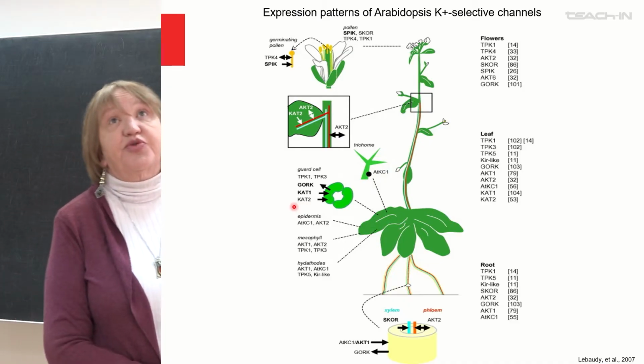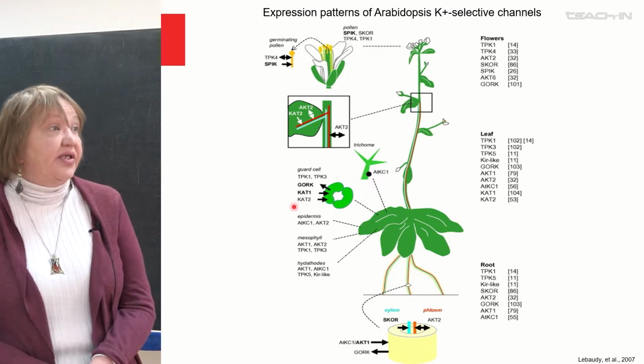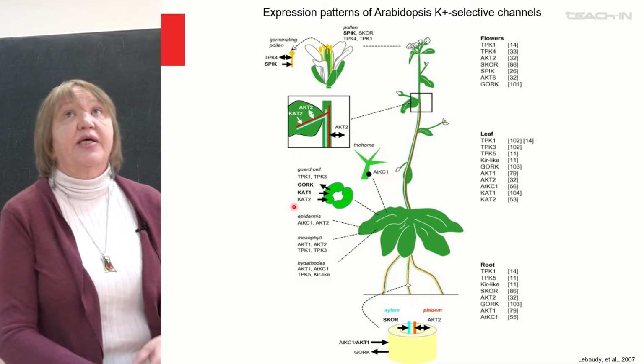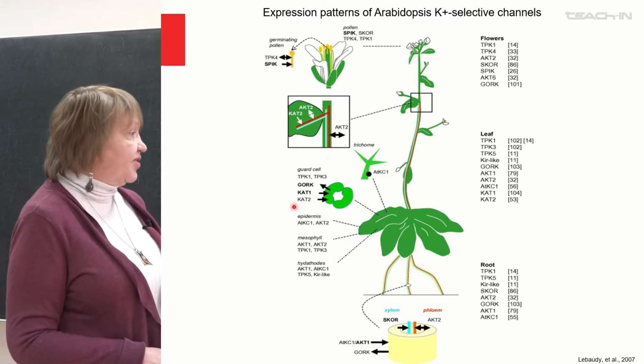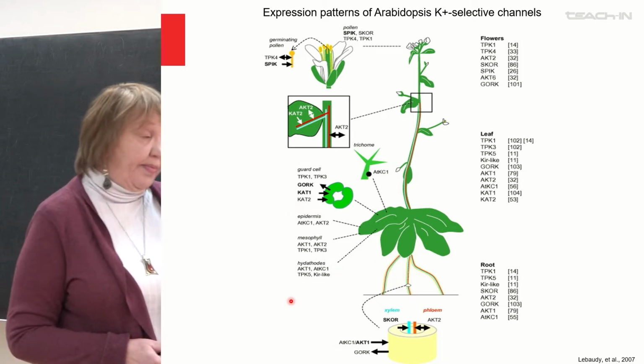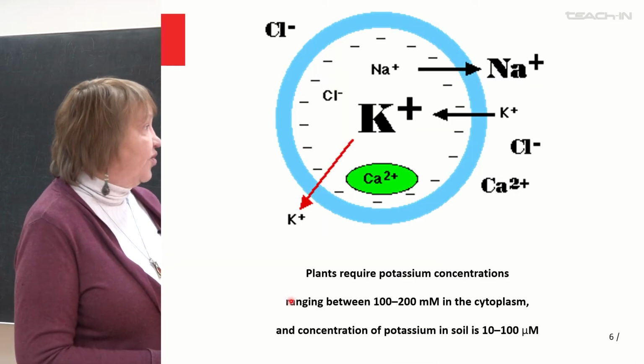Very important transporters are located at the root, and they are involved both in acquisition of potassium and in transport of potassium into xylem, and into storing potassium as well.